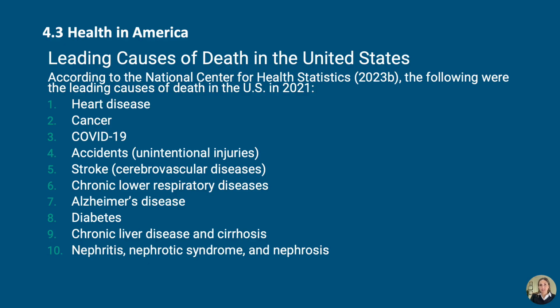So the leading causes of death, this is based on the National Center for Health Statistics, and 1 through 10, you can see heart disease, cancer, COVID-19, accidents. So these would be your unintentional injuries, stroke, chronic lower respiratory disease, Alzheimer's, diabetes, chronic liver disease, and kidney disease.